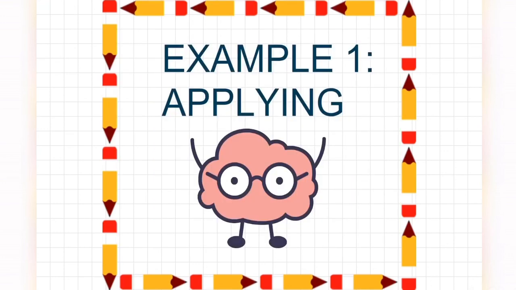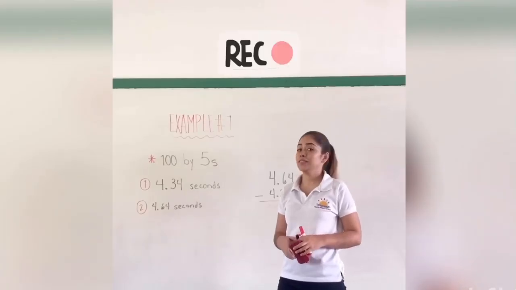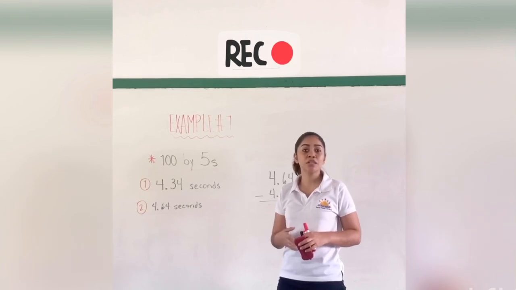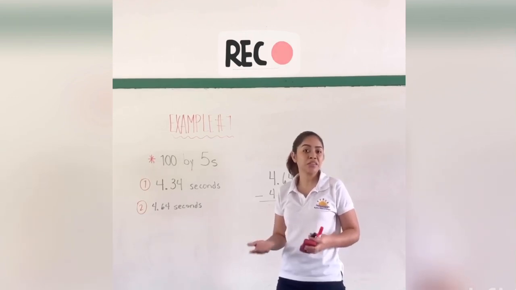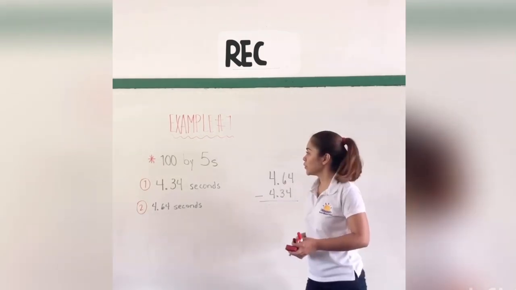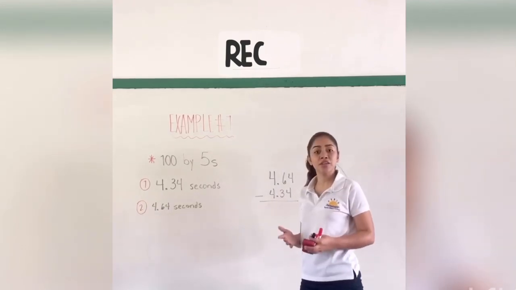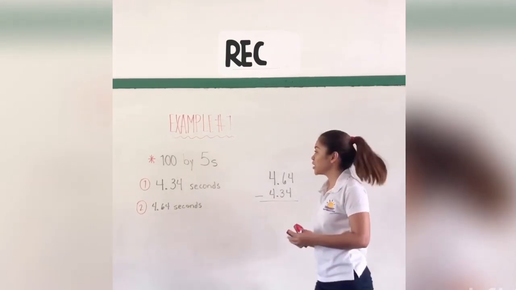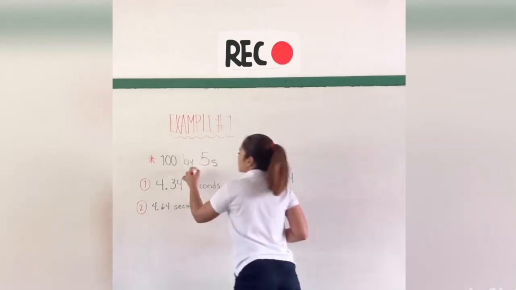Let's apply what we know on example number 1. In this quarantine time, Santiago is really bored at his house, so he decided he was going to do a little game on his own. He was going to count as fast as he could to 100, and he will do it by fives.